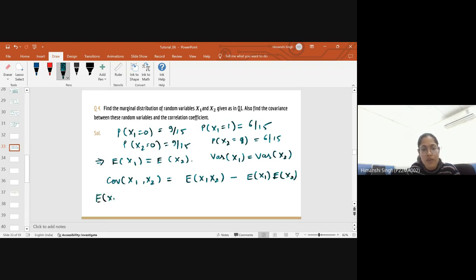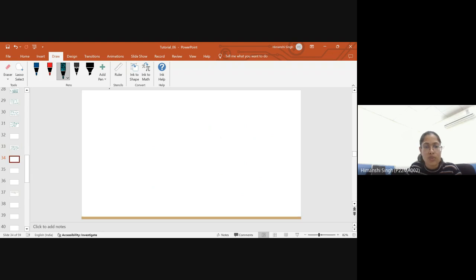It will be 0 into 9 by 15, so 0, plus 1 into 6 by 15, so it will be 6 by 15, which will also be the expected value of x2 because they have the same PMF.